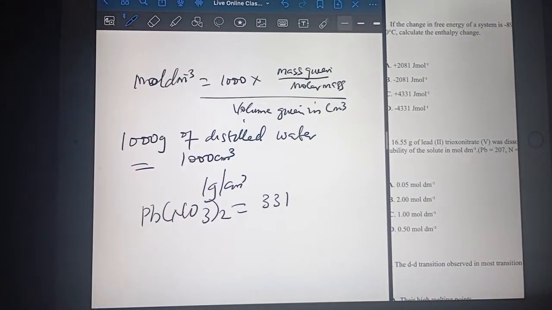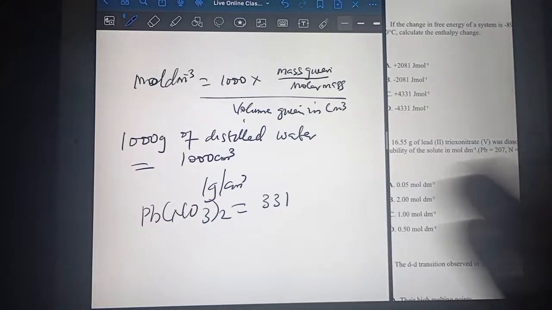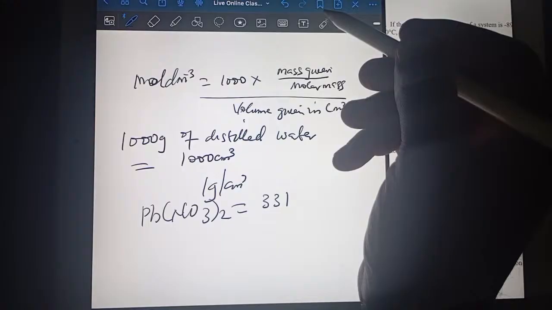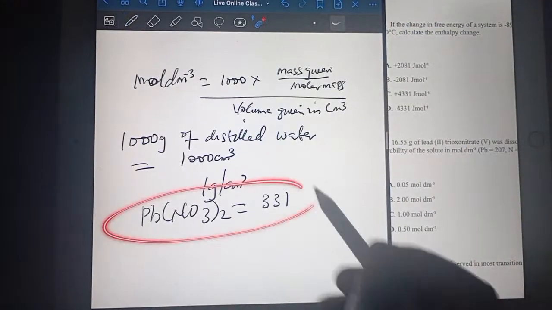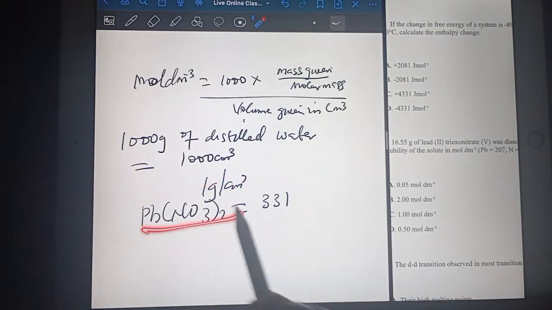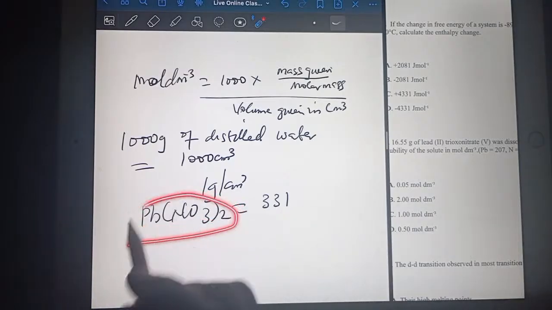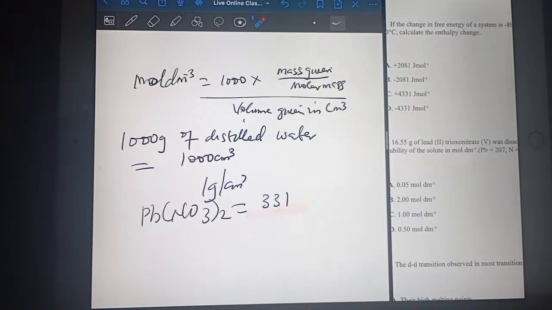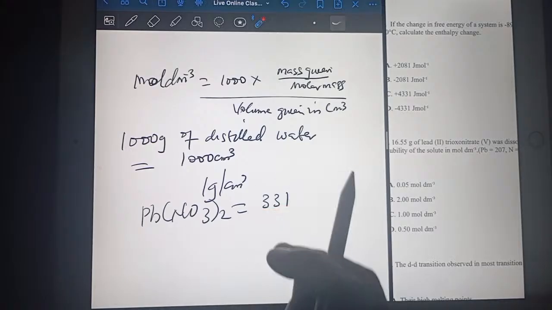One of the ways to survive chemistry calculations in the hall is to know molar masses of most compounds like lead(II) nitrate. If you go to the hall and you want to really calculate this, you might make mistakes in your summation, and that is where your problem starts. So you see how I just say lead(II) nitrate, I already know it's 331. Aluminium sulfate 342.